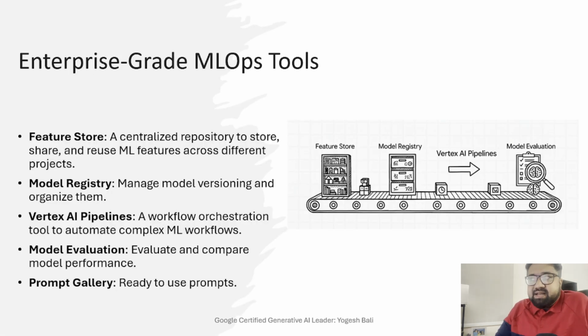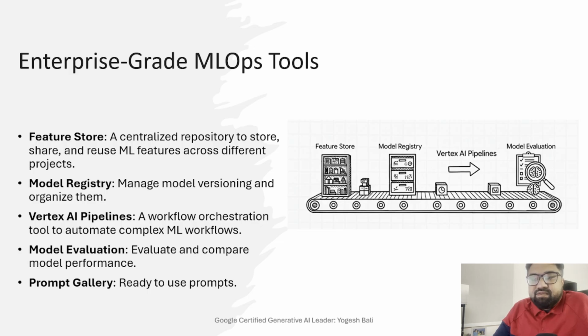There are enterprise-grade MLOps tools that Google offers, like Feature Store, which is a centralized repository to store, share, and reuse ML features across different projects. Then there comes Model Registry, which is for managing model versioning and organizing models. Then there comes Vertex AI Pipelines, which is a workflow orchestration tool to automate complex ML workflows.